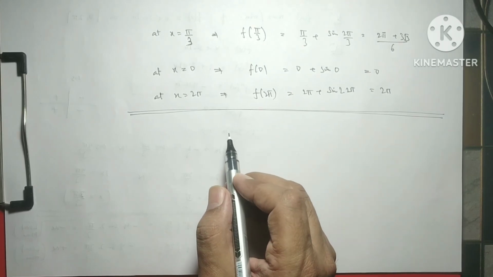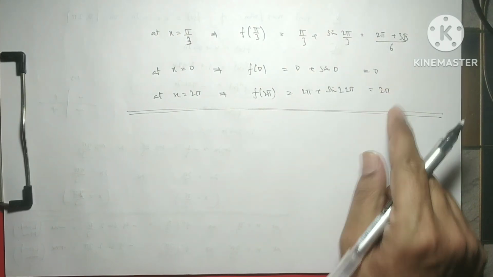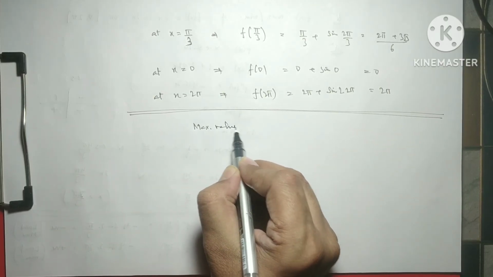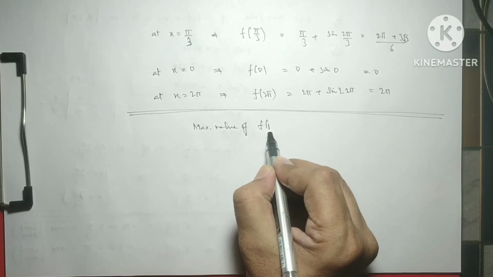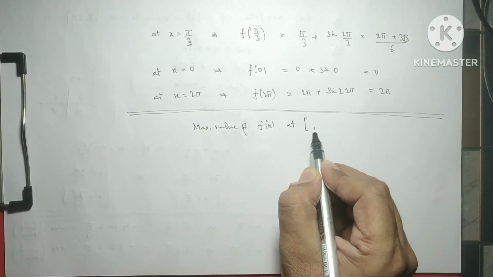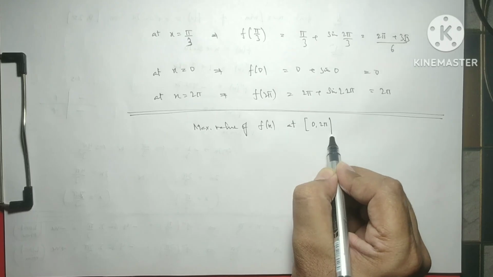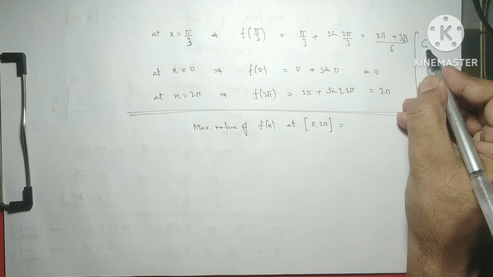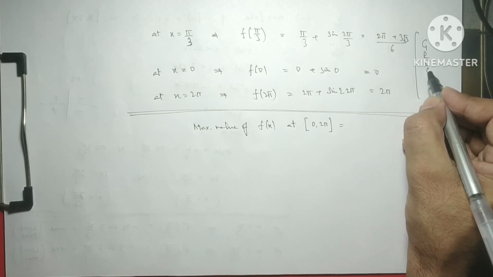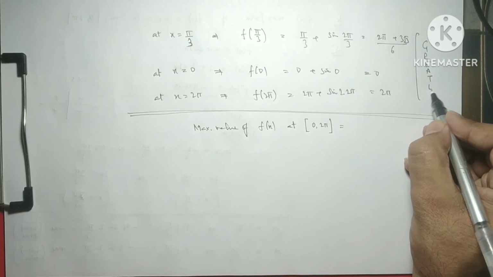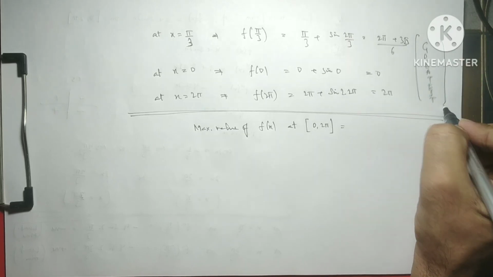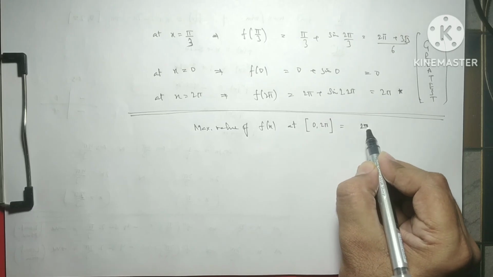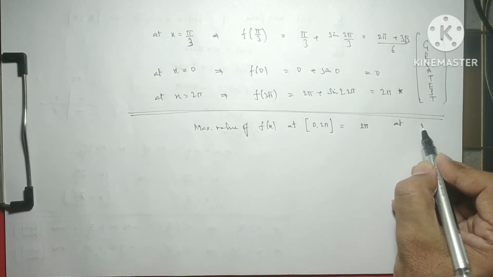So the maximum value of the function on the closed interval 0 to 2 pi is 2 pi. So it will be 2 pi at x equals 2 pi.